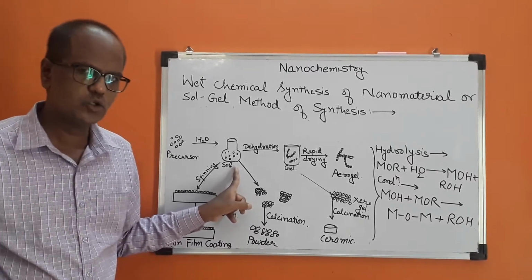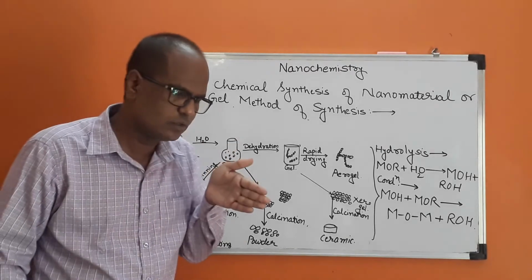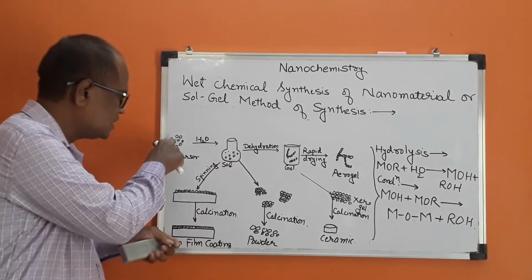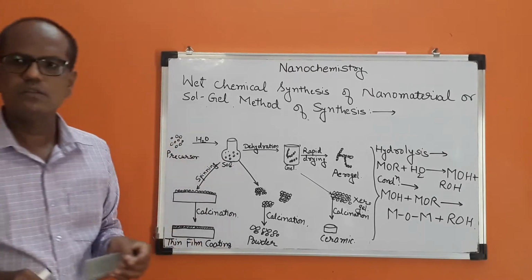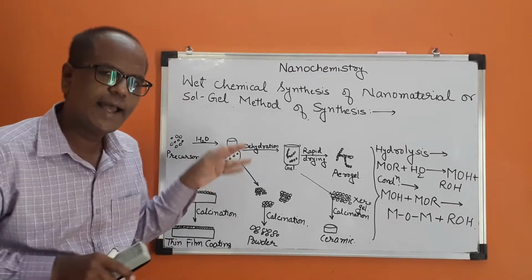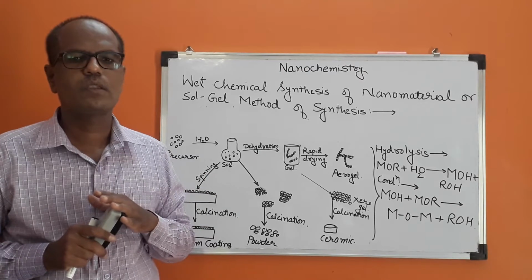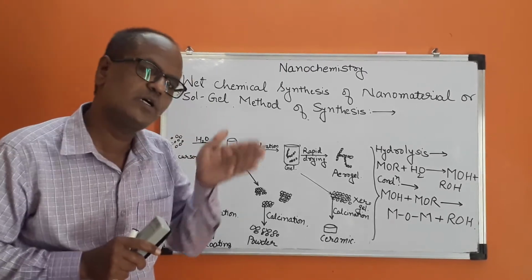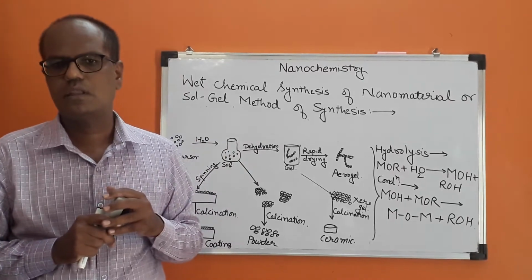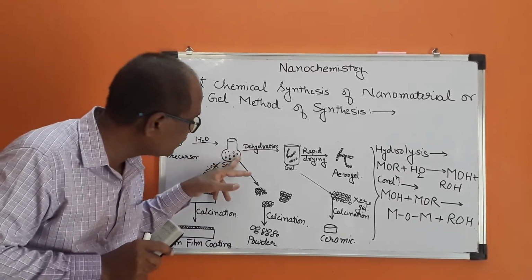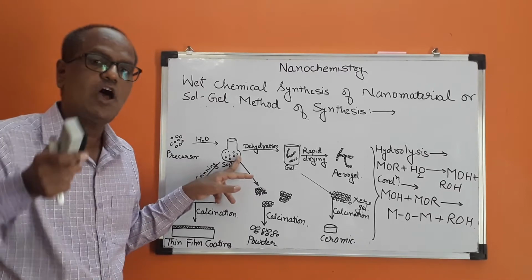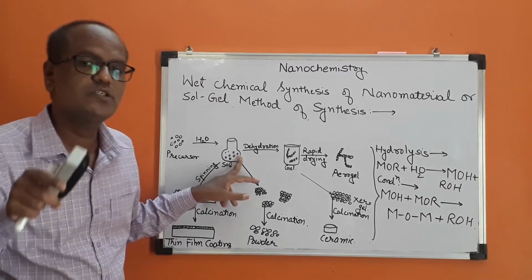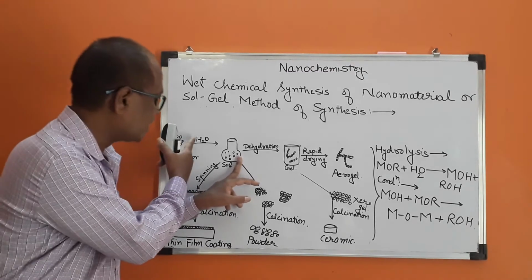What is a colloidal solution? In this colloidal solution, these solid particles are acting as a dispersed phase, whereas this solid dispersed phase has been distributed in a dispersion medium, that is known as aqueous medium, because we have taken water.